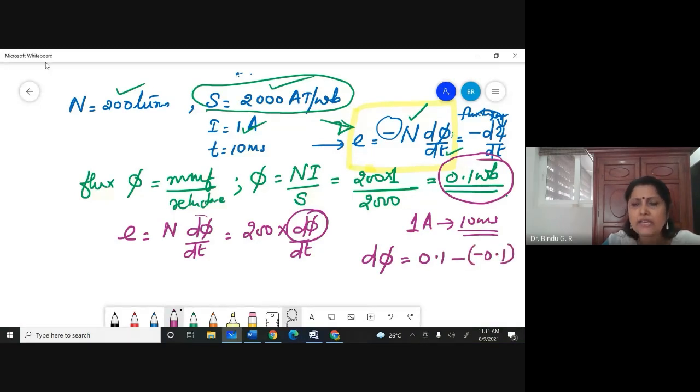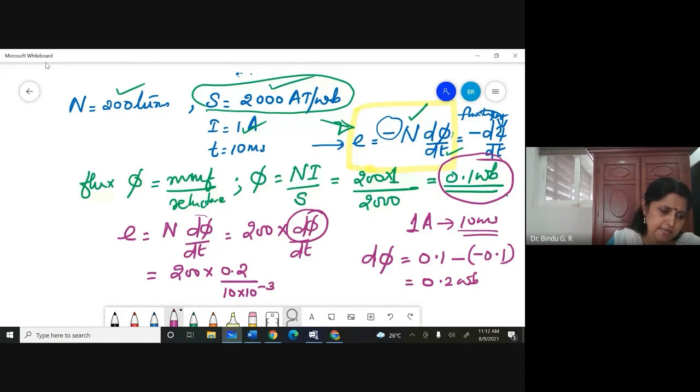This is the small catch here. Always remember, whenever there is a change in direction of current, the magnetic flux produced by it also changes. So d phi is not 0.1; d phi is 0.2. Substituting, 200 into 0.2 divided by 10 into 10 raised to minus 3 to make it seconds, you get 4000 volts.